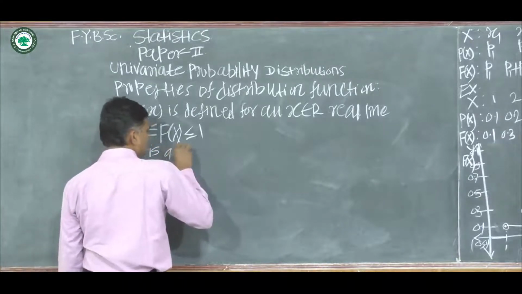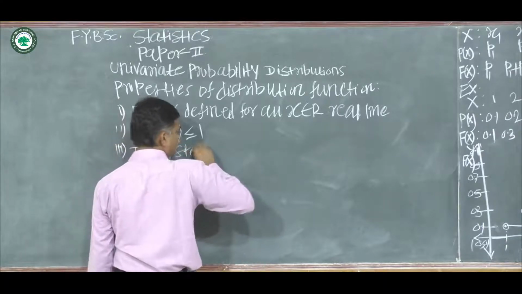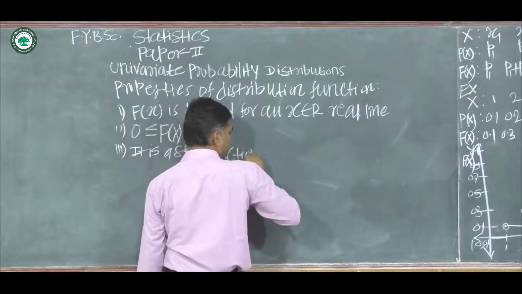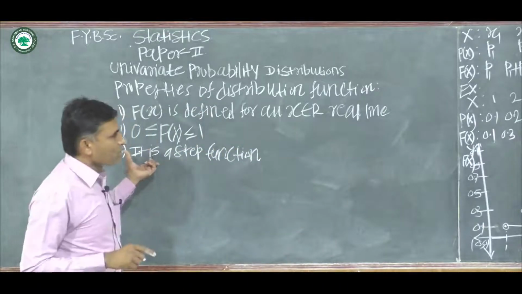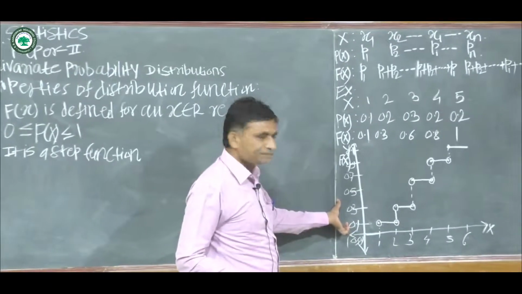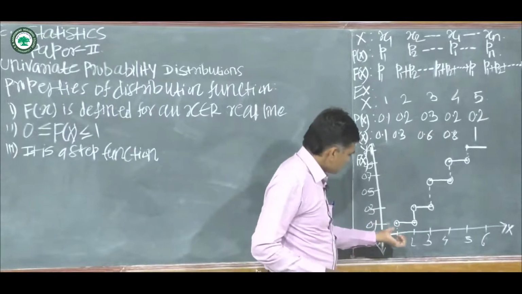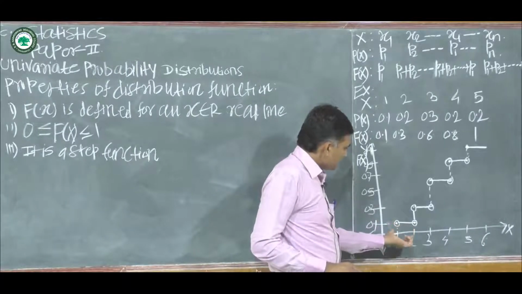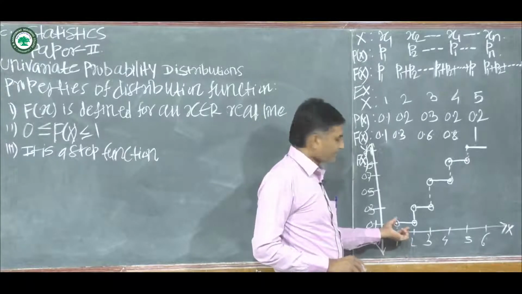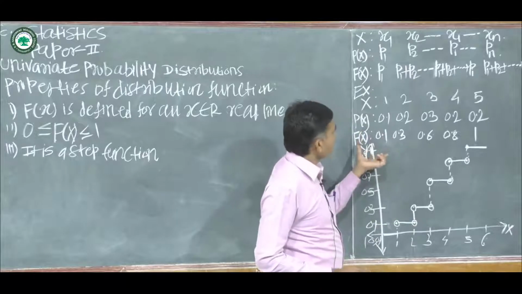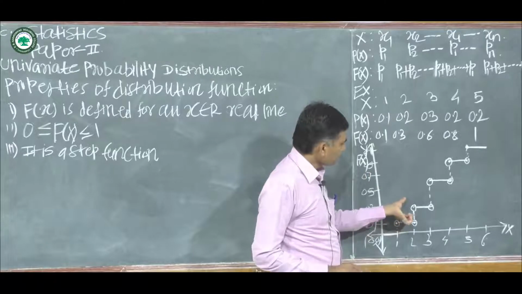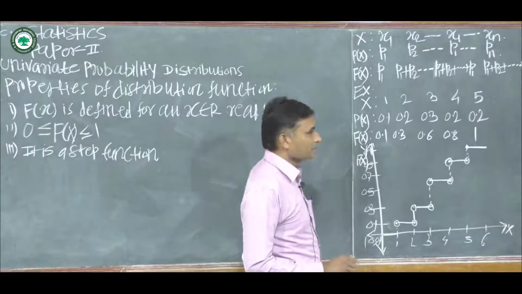It is clear from this graph of the CDF. The function in between two values of the random variable x is constant, and at x equal to xi, the function has a jump, so it is called a step function.